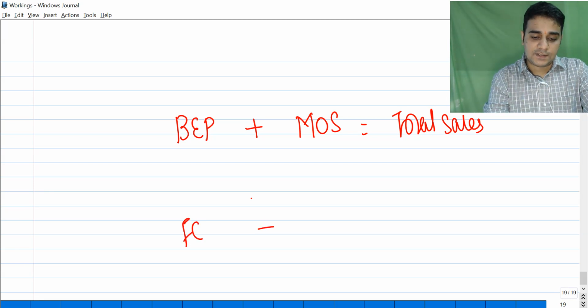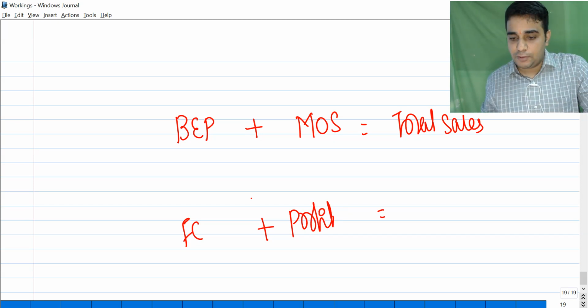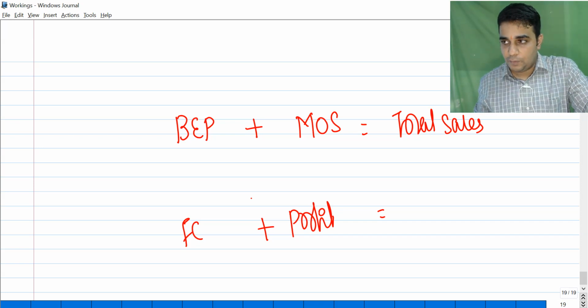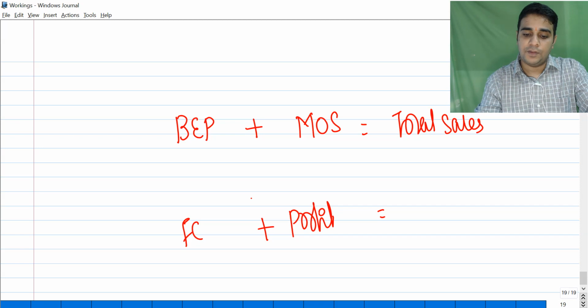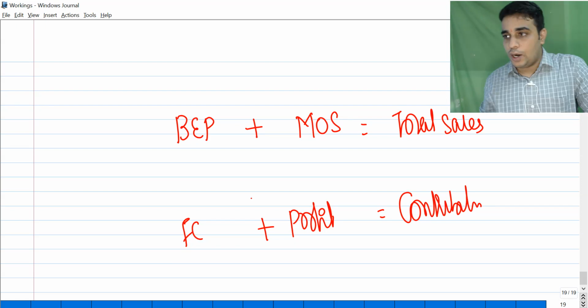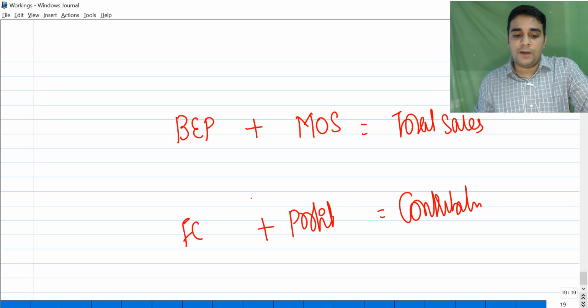Fixed cost plus profit. Look at the marginal cost statement and let me know what fixed cost plus profit will be. It is contribution. Fixed cost plus profit is technically contribution. What is the formula for PVR?